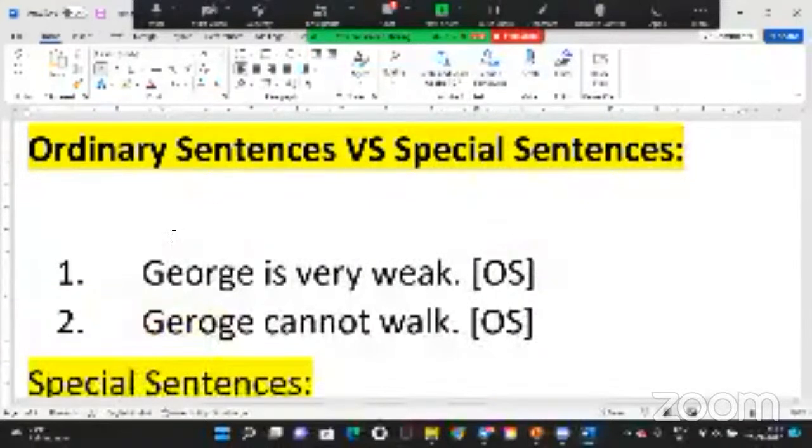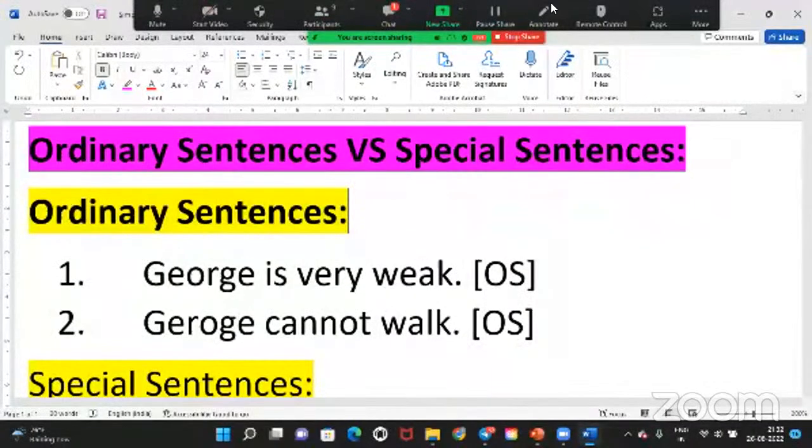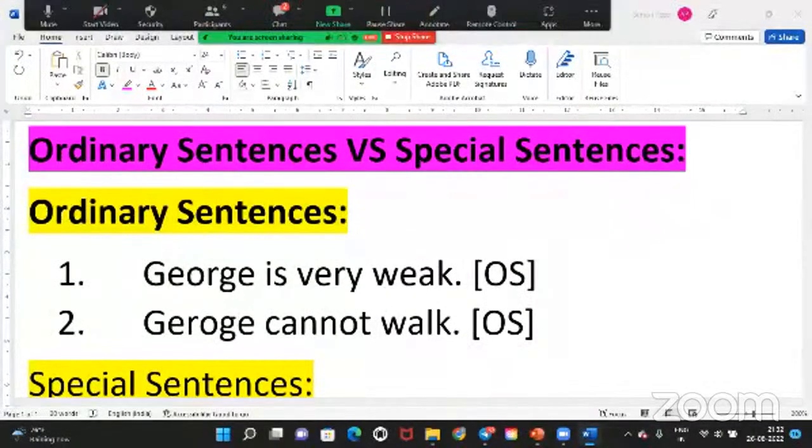The first category is the ordinary sentences. Very good. Many students are writing sentences.